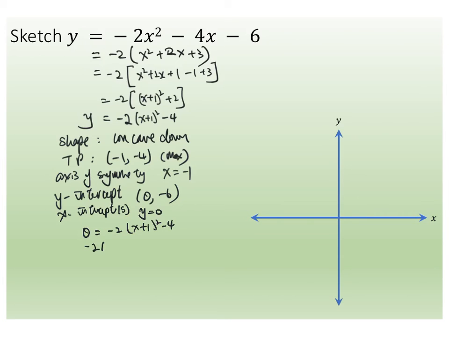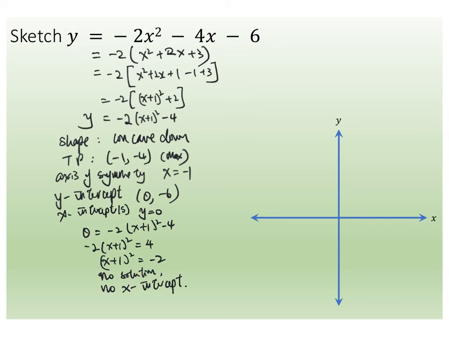So minus 2 (x plus 1) squared equals to 4. So (x plus 1) squared equals to minus 2. So there's no solution. Therefore, there is no x-intercept.